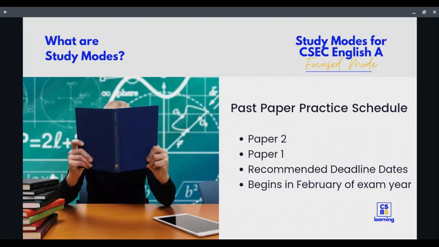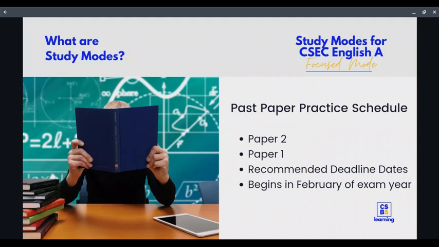What the study modes essentially are is a schedule for you to work on your past papers, because English A is really a practical exam. You may not have thought of it that way, but trust me, think of it as a practical and you'll understand that this is the best method for getting prepared.